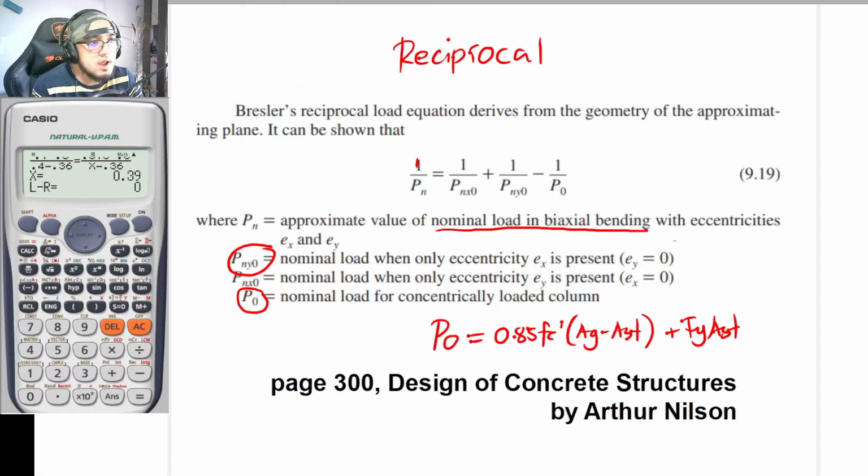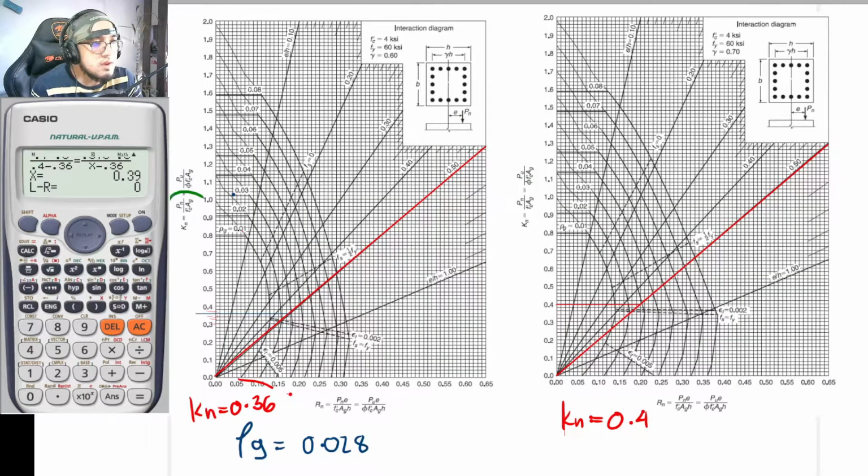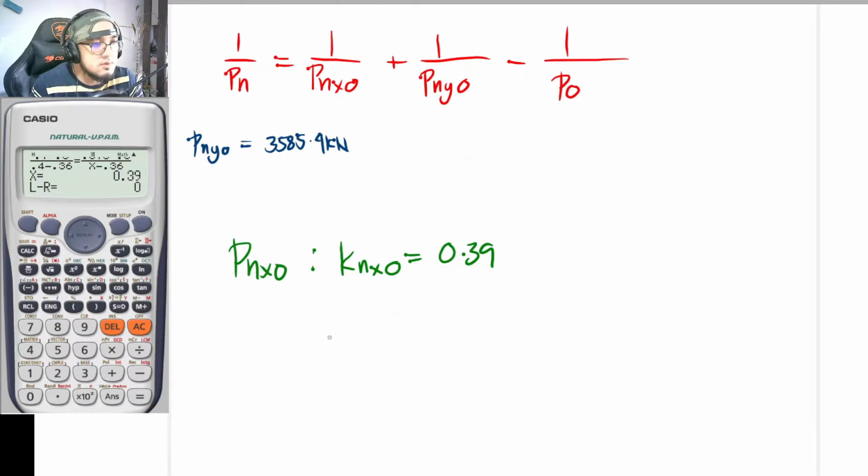Then, our equation of Kn is Kn equal to Pn over f'c Ag. So, this is to be Pnx0 divided by f'c Ag.